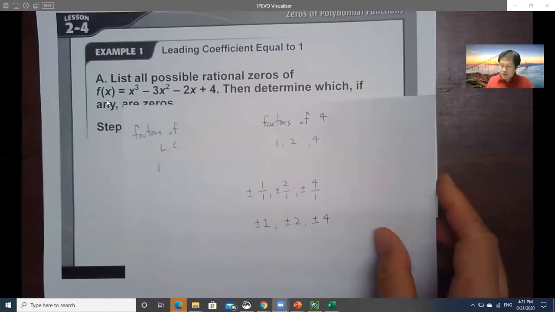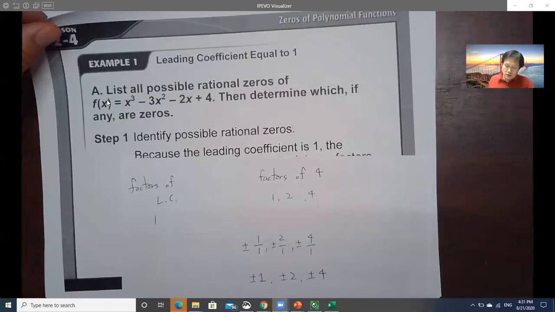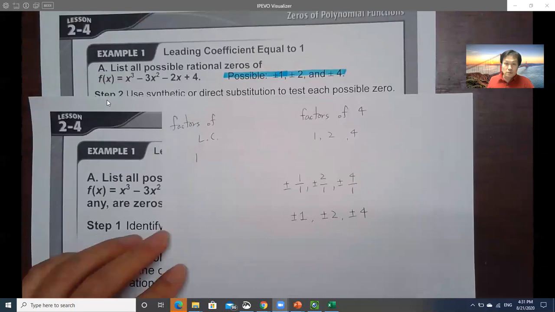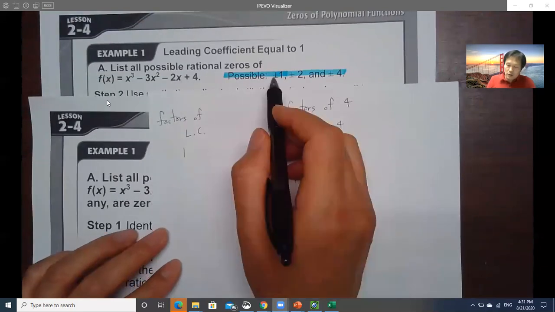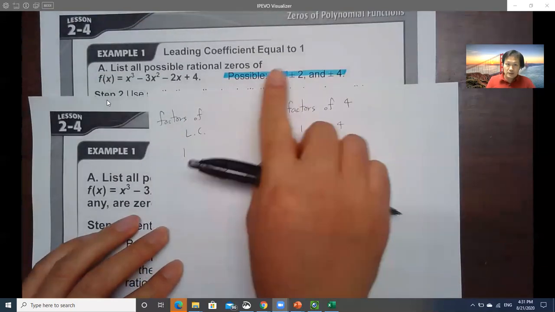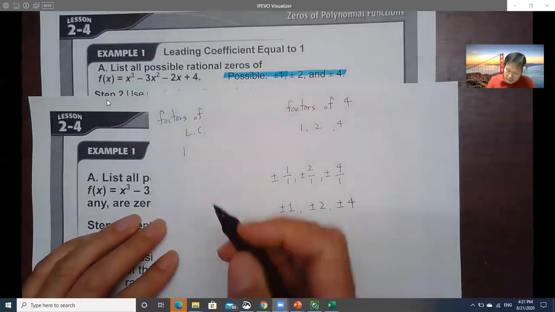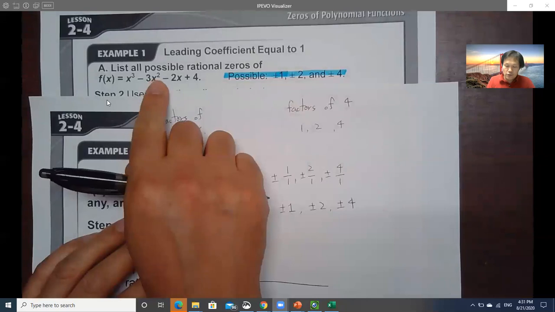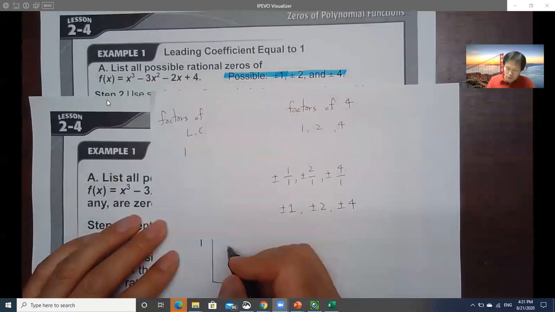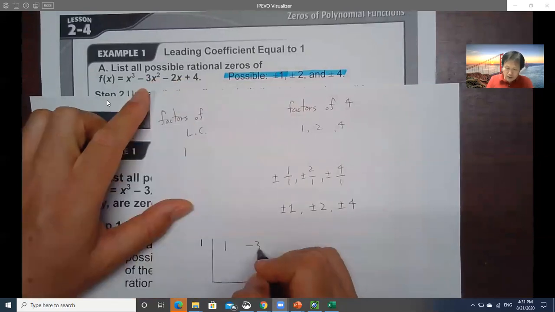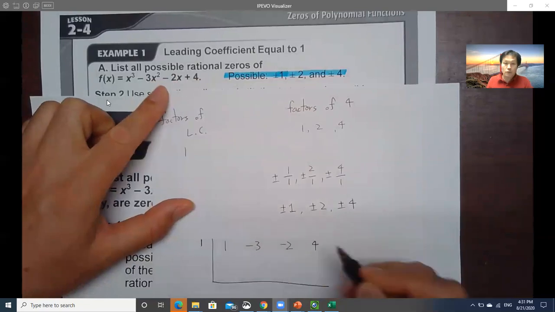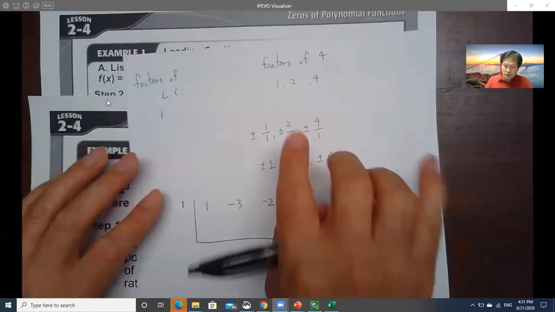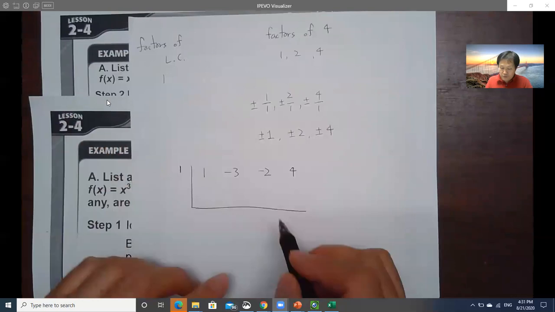You might say, I don't know what you're talking about. Well, here. We have 6 candidates, so you have to check one by one. Powers 3, 2, 1, 0, so you got 1, minus 3, minus 2, 4. You check 1, hoping for 0 at the end.